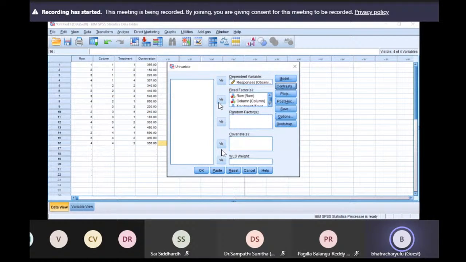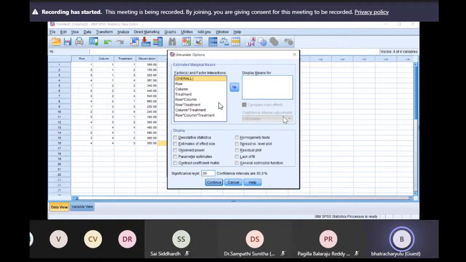Then go for the options. Display means of treatments, only treatment. Select descriptive statistics.